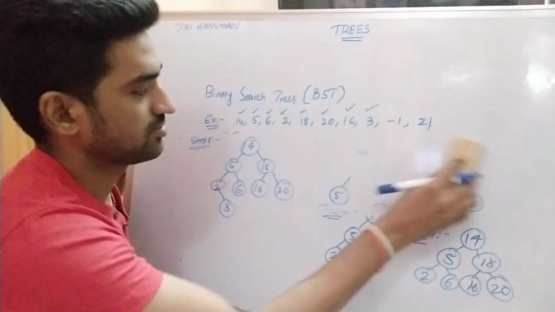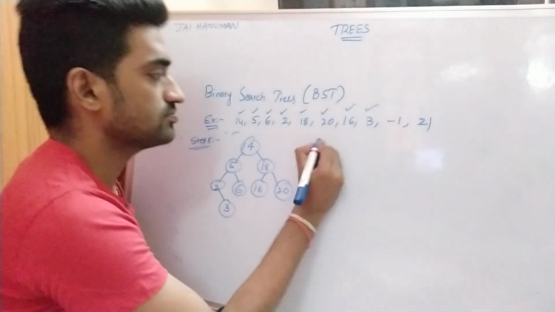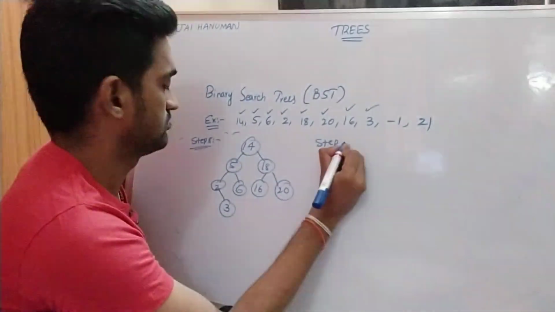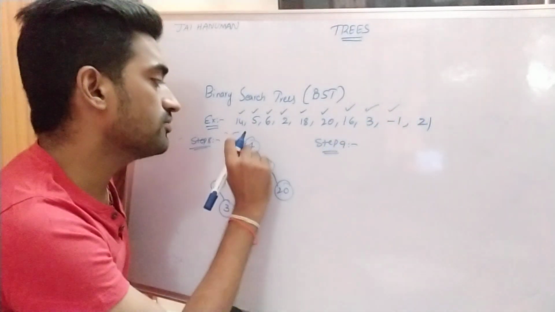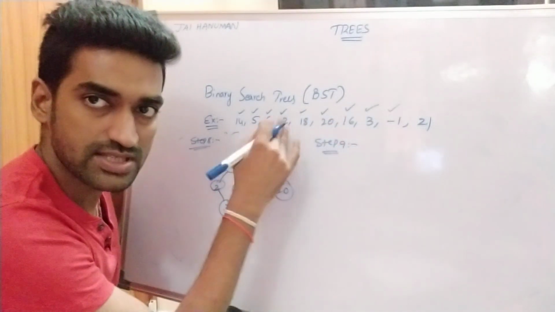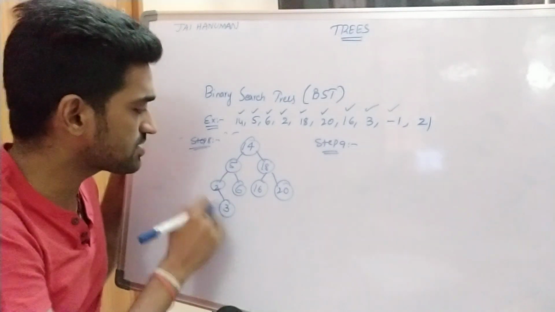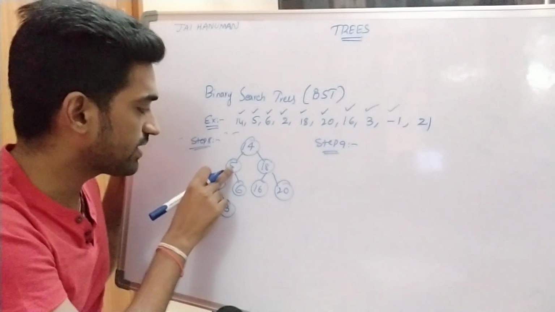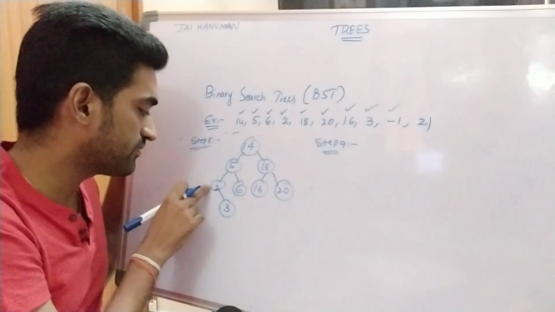Minus 1. First of all we are comparing 14 to minus 1. When compared to 14, minus 1 is less, so obviously we can place it in the left subtree, right? In the left subtree, what is the root node? 5. When compared to 5, this is less, so we place it at the left subtree.